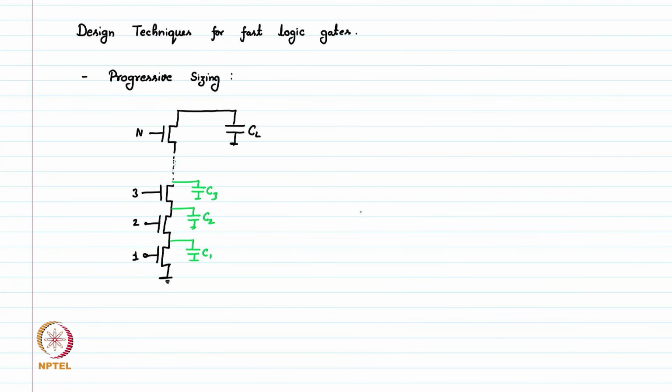Then we can size them such that this is M1, M2, M3, and this is Mn. We can size them as a distributed RC line.